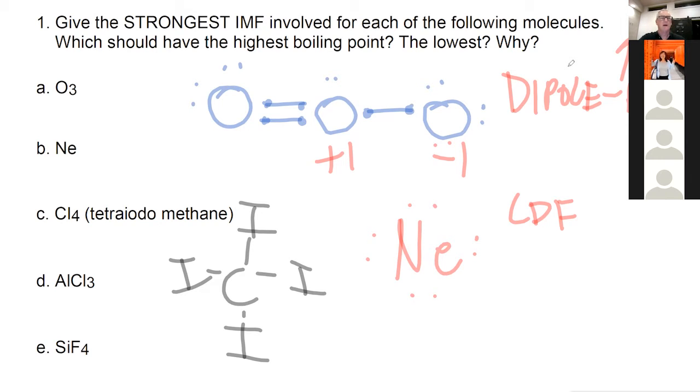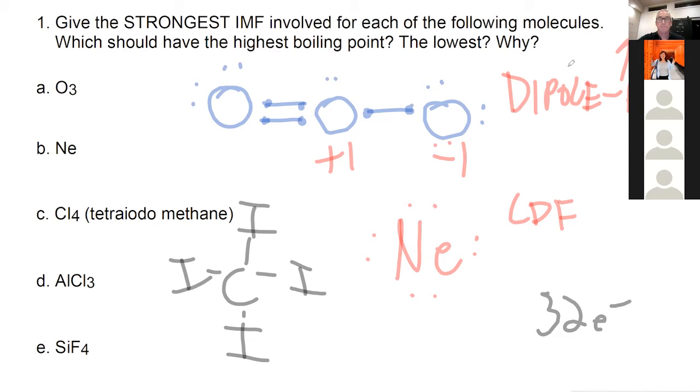So how many total electrons does tetraiodomethane have? 32. Each iodine has 7, so that's 28, and carbon has 4, that's 32. Which is what you said.